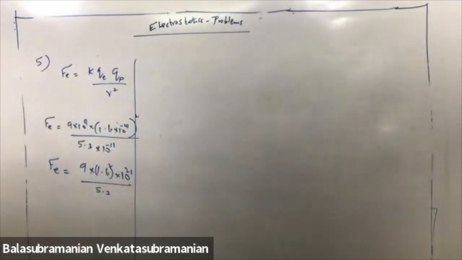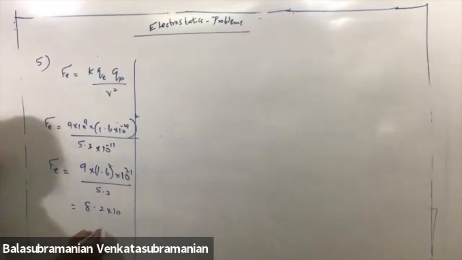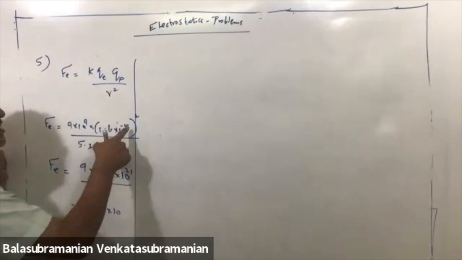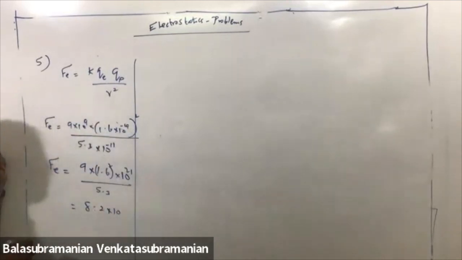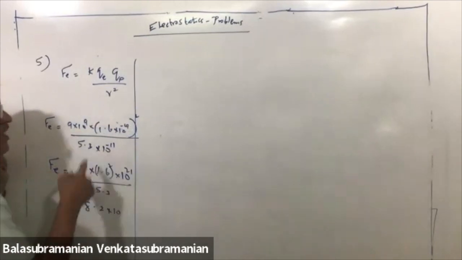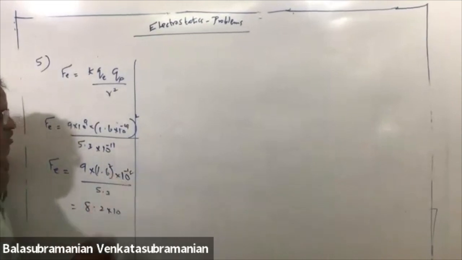Answer 8.2 into 10 power minus 8 Newton. 8.2 into 10 power, so this is minus 38. Minus 38 plus 9, 10 power minus 29 plus 11. 10 power minus 18.